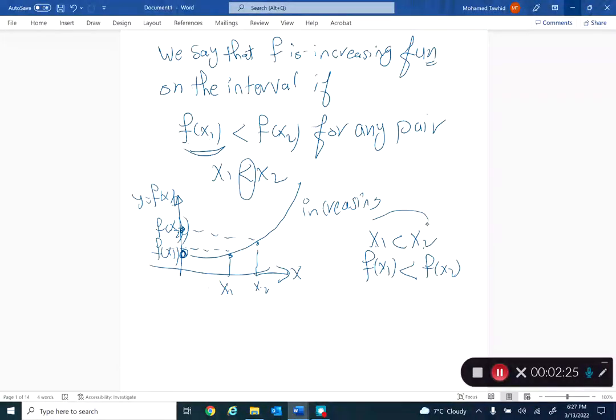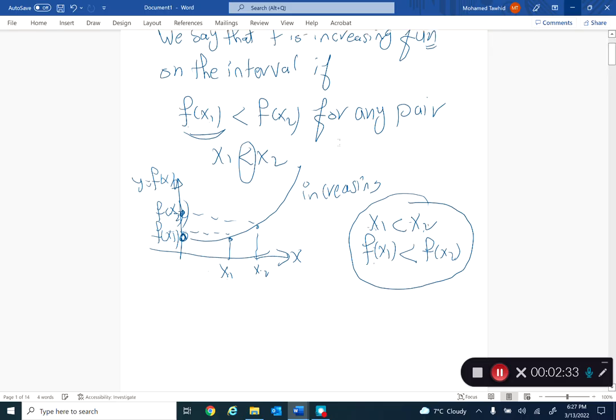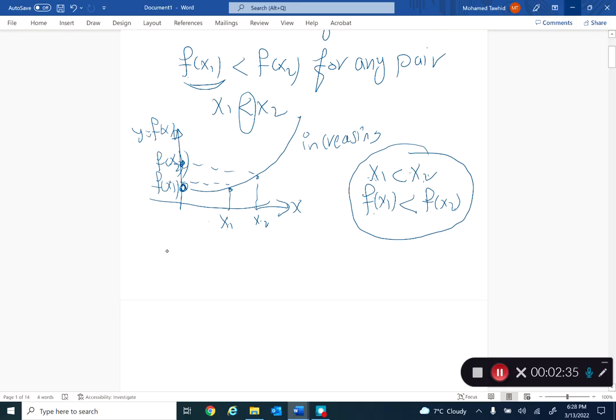This is what we call the algebraic way, because I took two points, x1 less than x2, then the value f at x1 is less than the value f at x2. For example, if you have f of x equal x squared, and I give you the domain x from 0 to infinity.